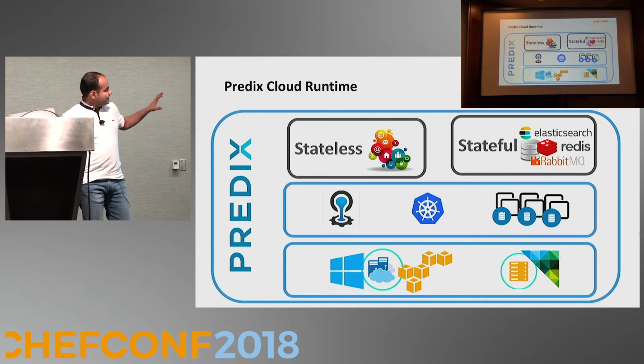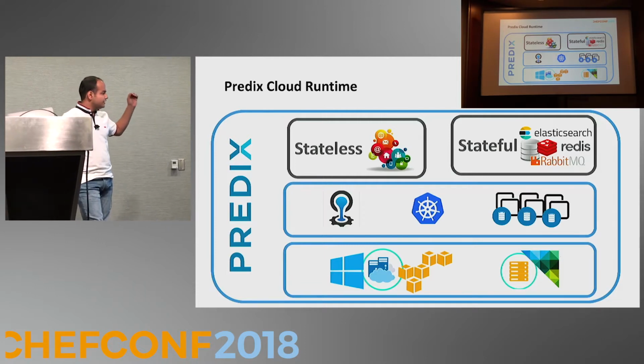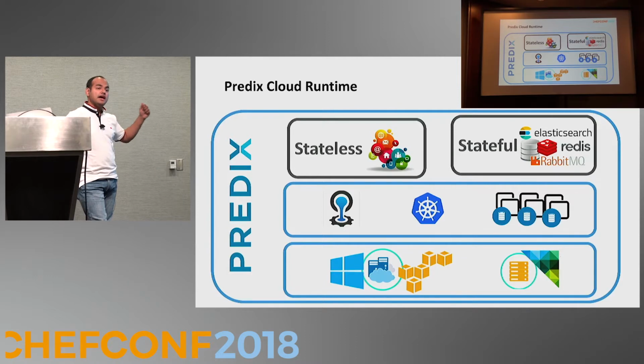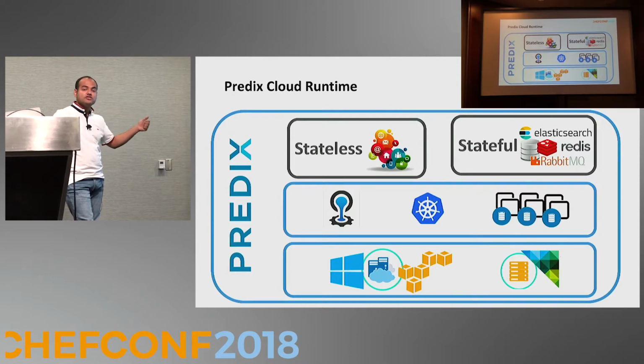To give you a little bit more detail of our cloud, it runs on different IaaS providers. So our cloud, we run it on Amazon, Azure, and on-prem. We have an on-prem offering as well, which runs on vSphere. It is primarily built on open source technologies like Cloud Foundry, Kubernetes, and virtual machines.